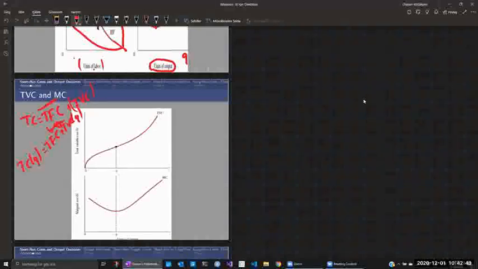Okay. So we had seen that the marginal cost has this U shape, right? Because in this part, we know that the marginal productivity is increasing, and in this part, the marginal productivity is decreasing. So how should the total variable cost look like? So this is the total variable cost.